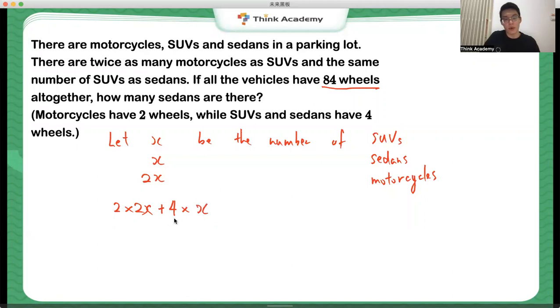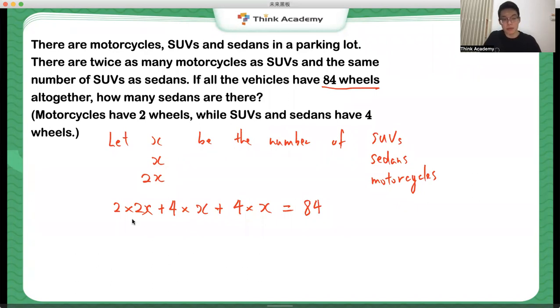So altogether, SUVs have 4 times x wheels. And the same goes for sedans. Each sedan has 4 wheels, and there are x of them. So 4 times x. Altogether, that's 84 wheels.